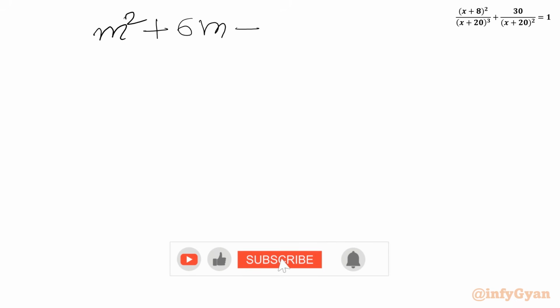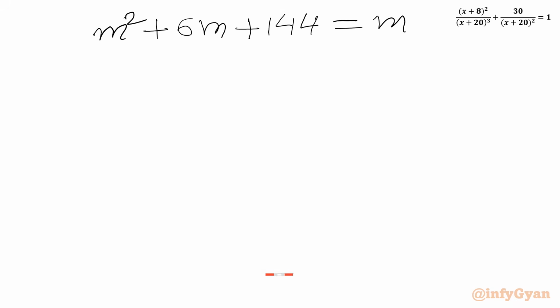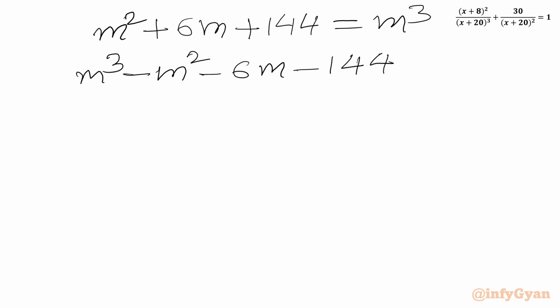Let me write m square plus 6m plus 144 equal to m cube. Take all the terms to one side. We will get m cube minus m square minus 6m minus 144 equal to 0.